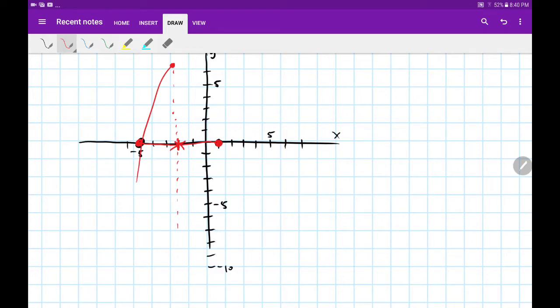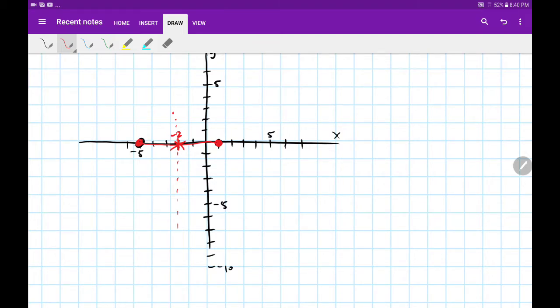It might be up here and facing down, or our vertex might be down here somewhere facing up. We don't know. But what I do know is that my vertex has an x value of negative 2. And we can confirm this by taking the average, or finding the halfway point, between our x-intercepts.